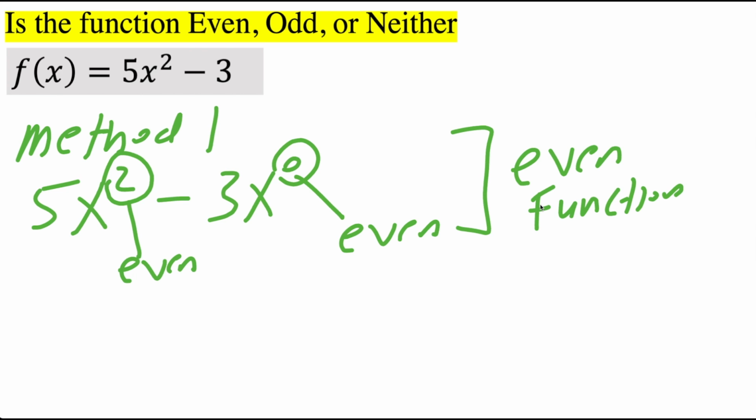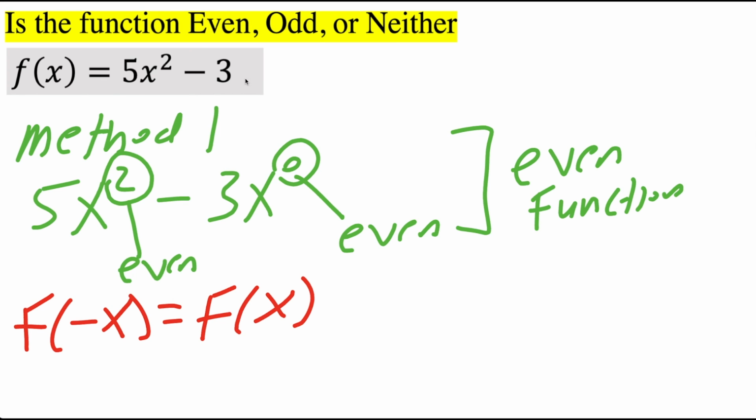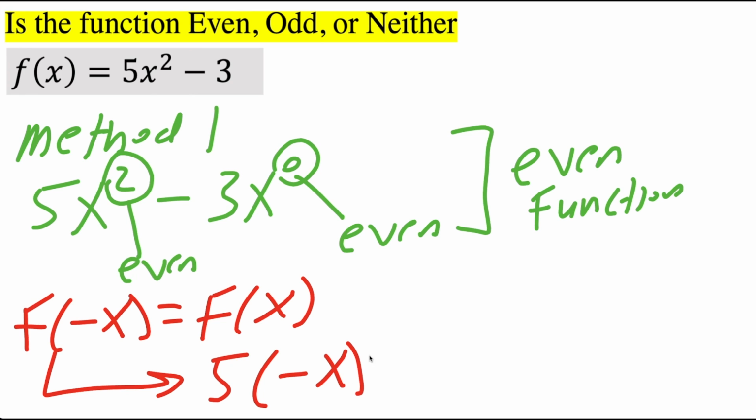And now I'll show you another method. For an even function, this must be true: f of negative x is equal to f of x. We already have f of x, so we just need to figure out what f of negative x is going to give us. So let's try this out. We have 5 times parentheses, instead of putting an x, you put a negative x, close parentheses squared, minus 3.